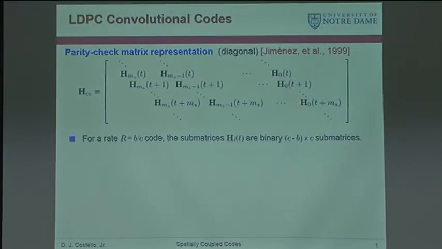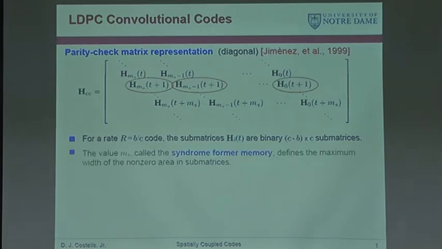For a rate b over c code, these submatrices are all (c minus b) by c submatrices. This notation is going to change later in the talk, but for now, it's (c minus b) by c. So c minus b is the number of checks in a given row here, and c is the number of variable nodes connected to a given column.